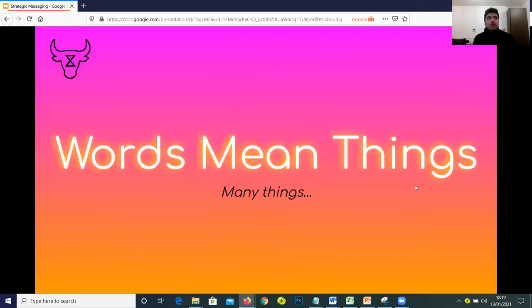So to start off, we're going to look at the words, right? The words in our messaging have the power to toggle people into the frame or the context they need to be in to be receptive to our messaging. Words mean many things. You might have heard the saying, a picture speaks 1,000 words, but words also speak 1,000 words.